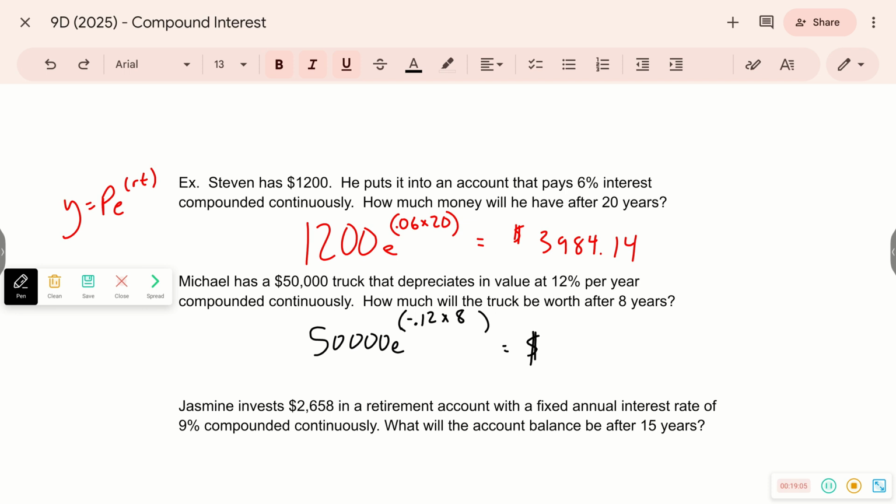And so the value of our truck is $19,144.64.